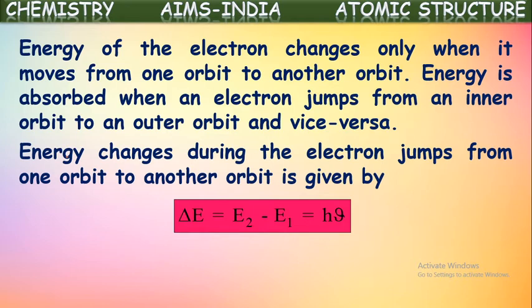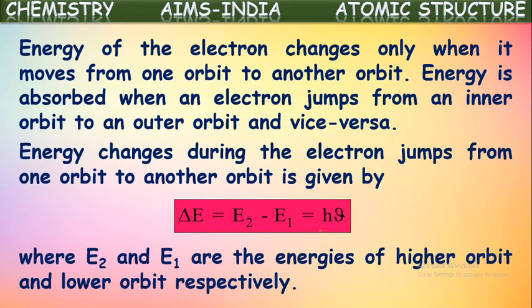That amount of energy released or absorbed will be the difference in the energies of the electron in those two orbits. It is mathematically given by the formula delta E is equal to E2 minus E1, that is equal to h nu, where E2 and E1 are the energies of the higher orbit and lower orbit respectively.